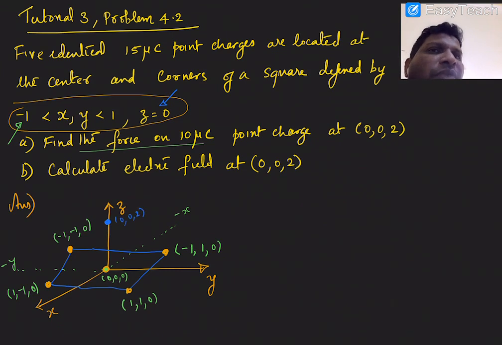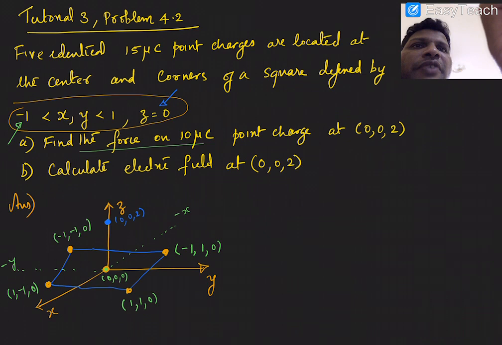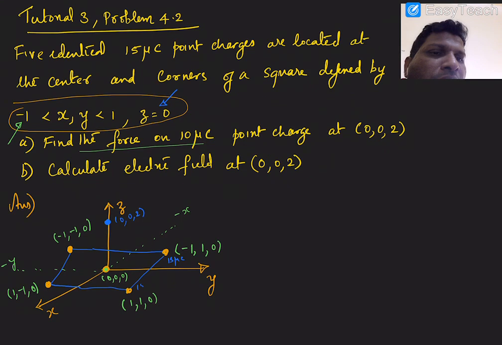The charge is placed here, and both the charges are positive. The other charges are 15 microcoulombs. So this is 15 microcoulomb, and here it is 15 microcoulomb, and here also, and here also, and this charge is 10 microcoulomb.